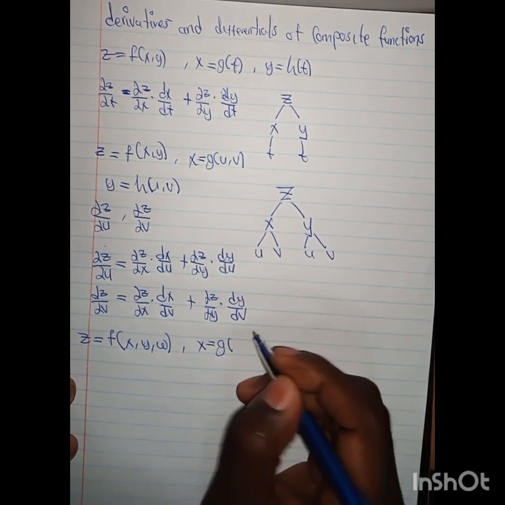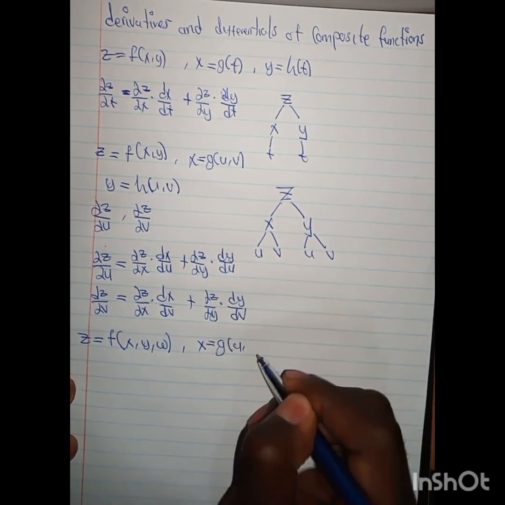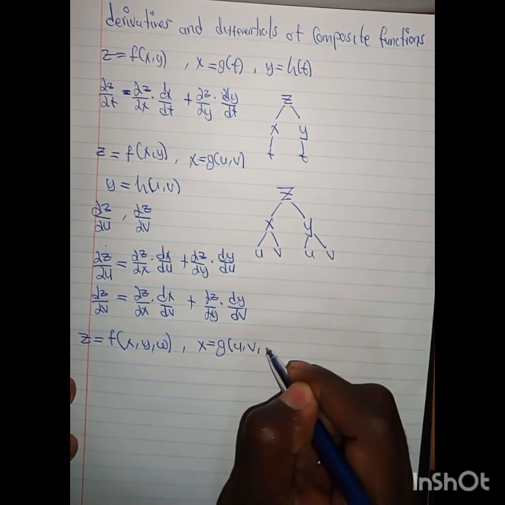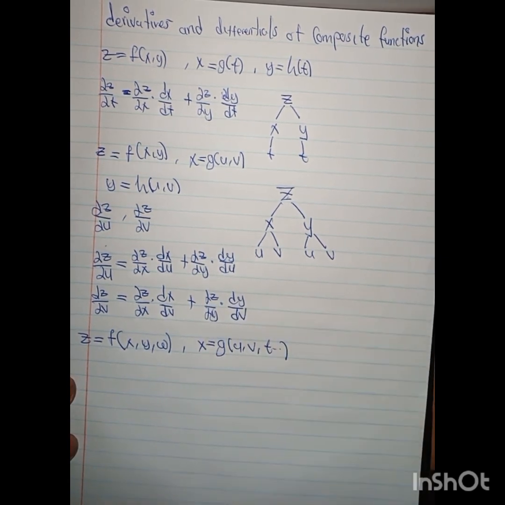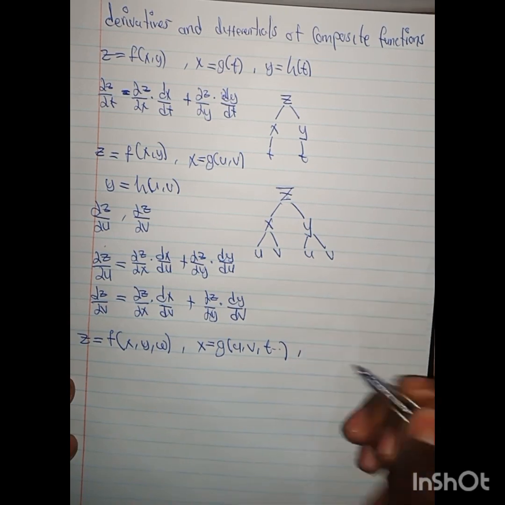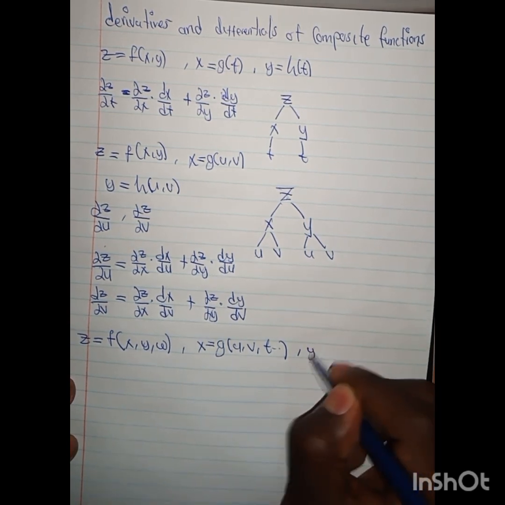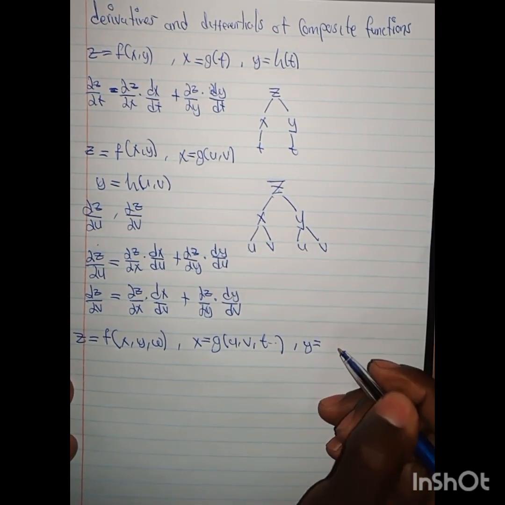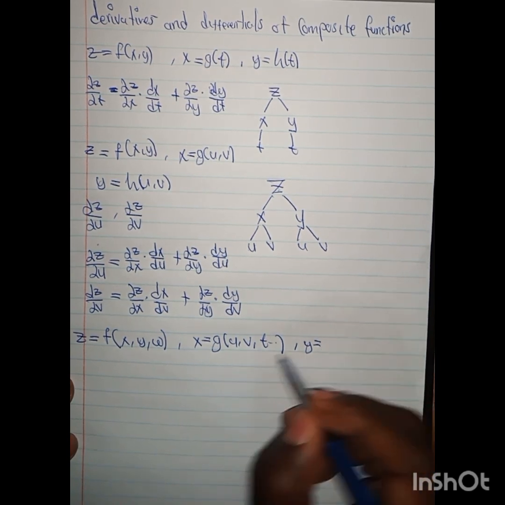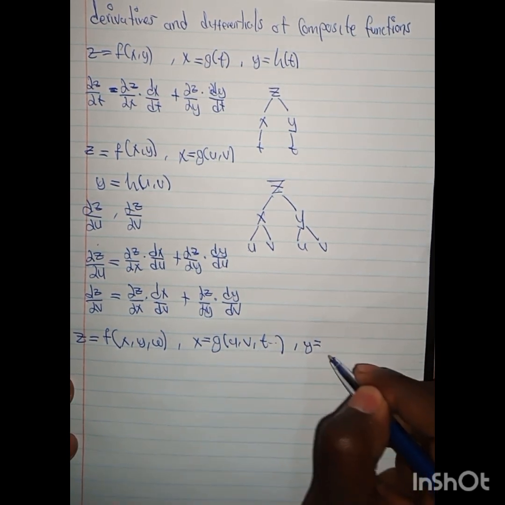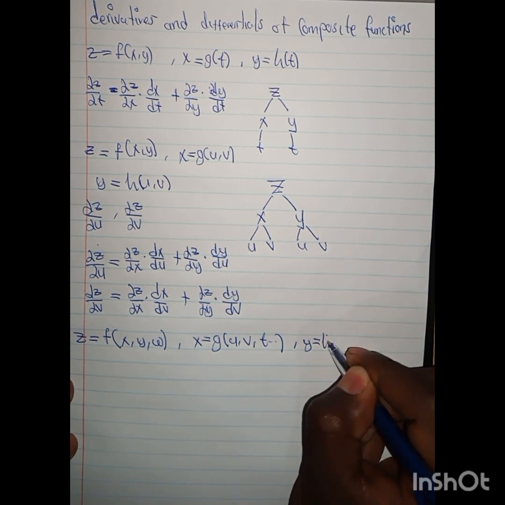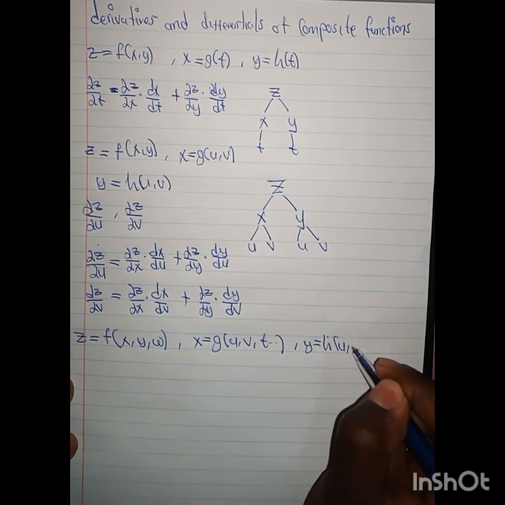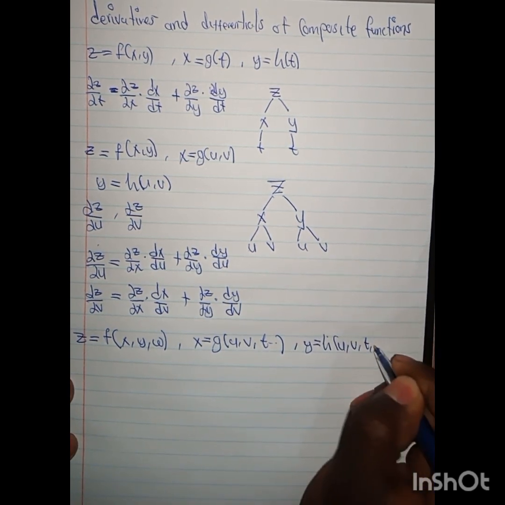Then x contains the variables u, v, and t up to the last variable. And then out of this we have y. Let me say y also contains the same variables u, v, and t. Then let me call it h of u, v, t up to the last variable.